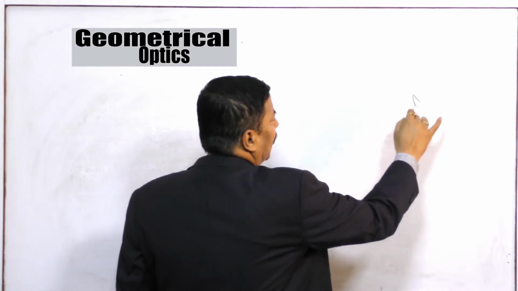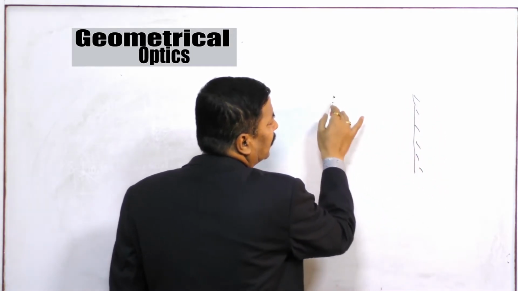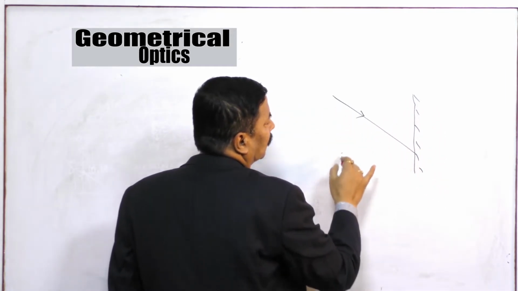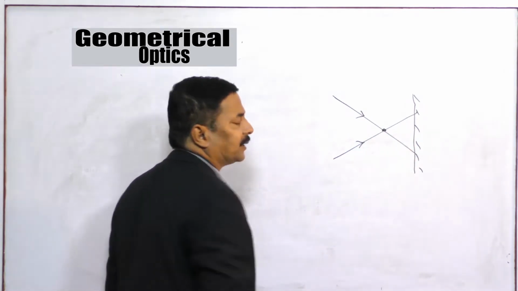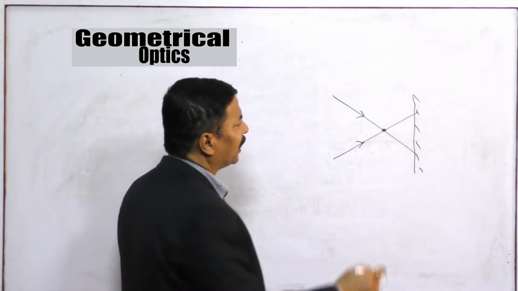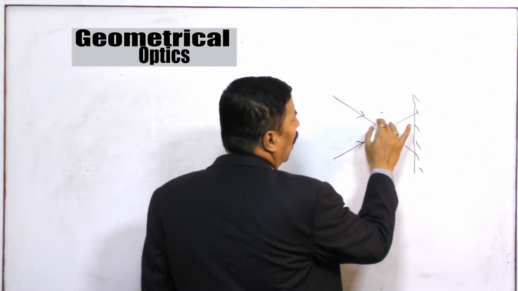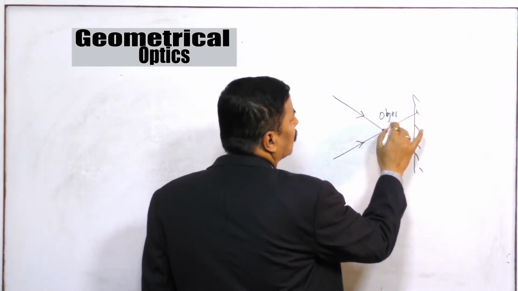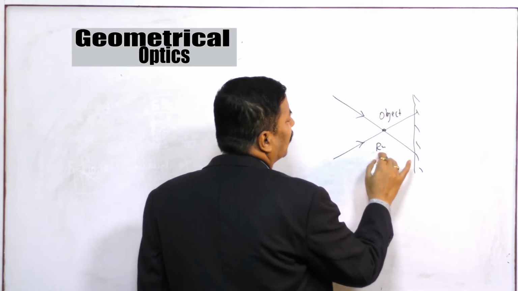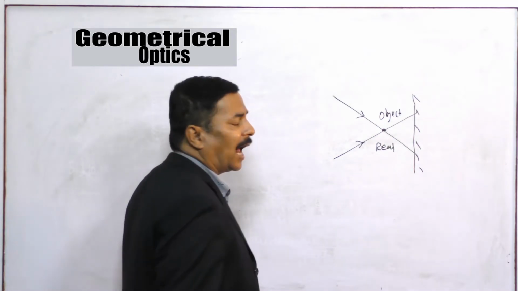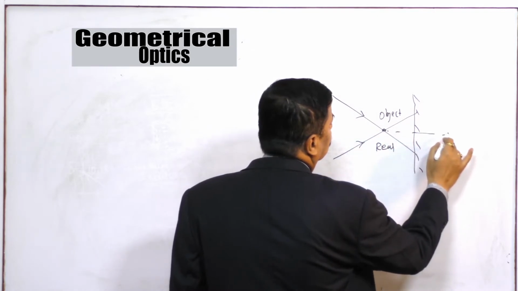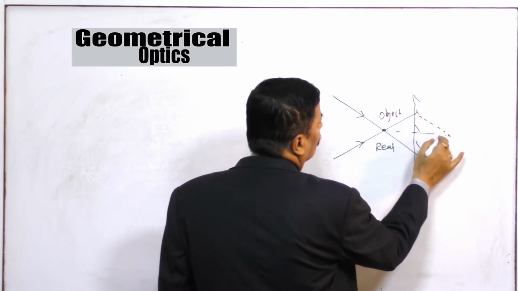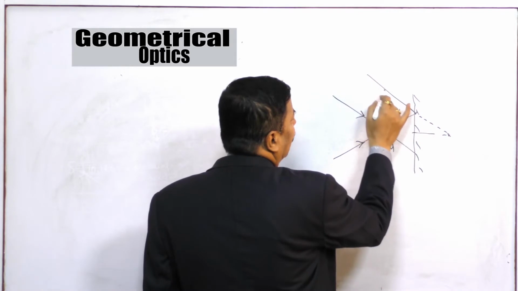These are incident rays. Here is the point of intersection. This point of intersection is the object, a real object. And according to the law of reflection, this will be the reflected ray.